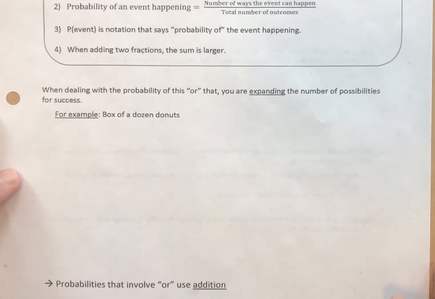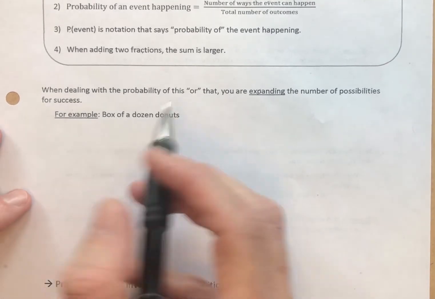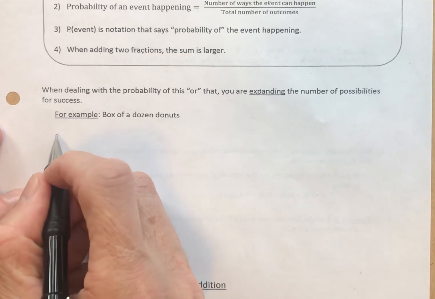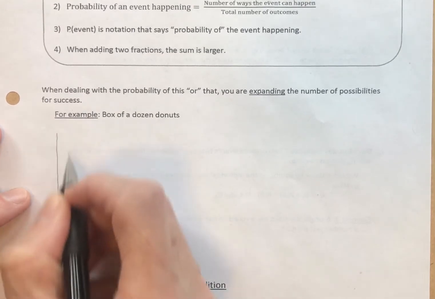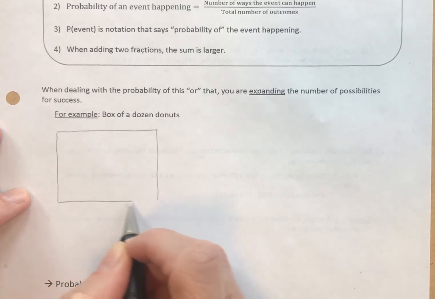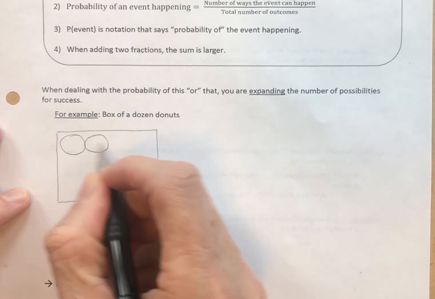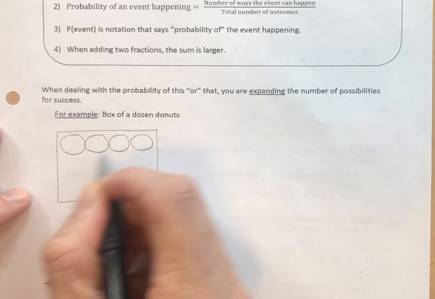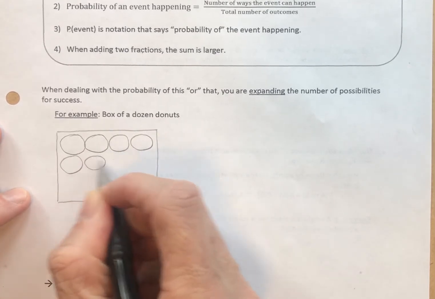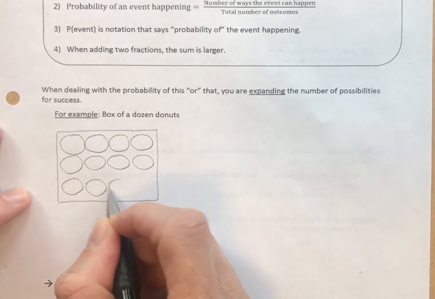Let's take a look at how that works with one of my favorite things, donuts. Let's take a box of donuts, and I'm going to draw a box. You'll see that my drawing skills are limited. I'm going to have in my box 12 donuts, a box of a dozen donuts. Nothing fancy.